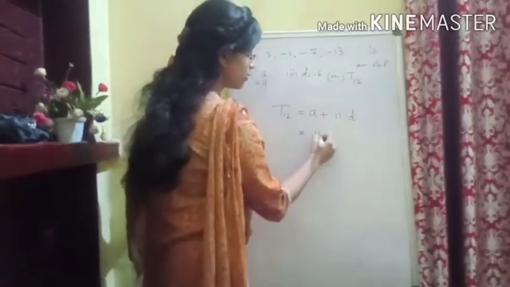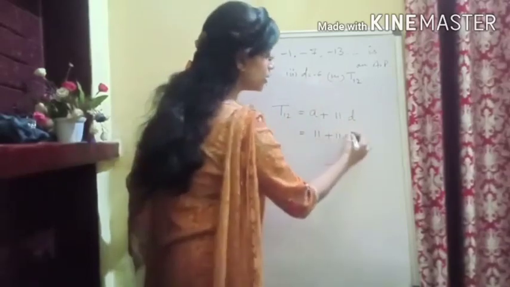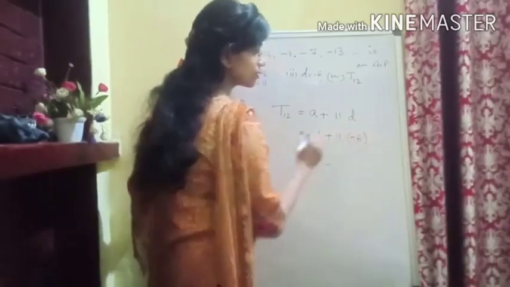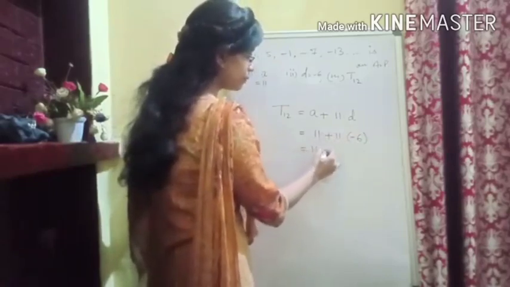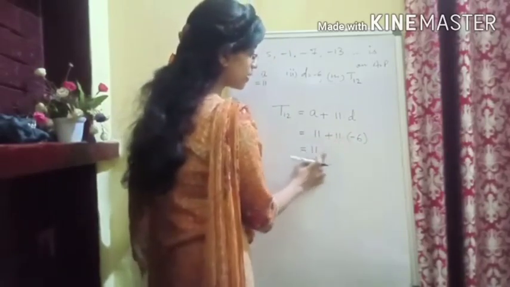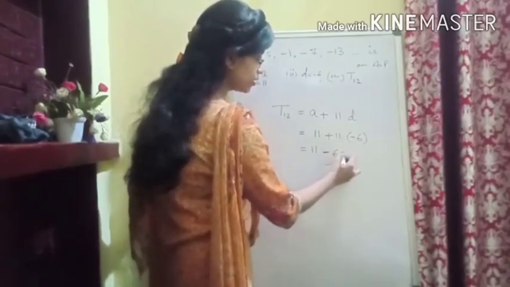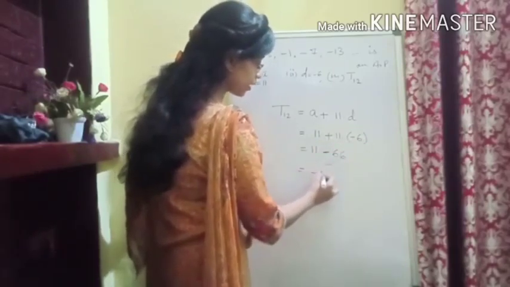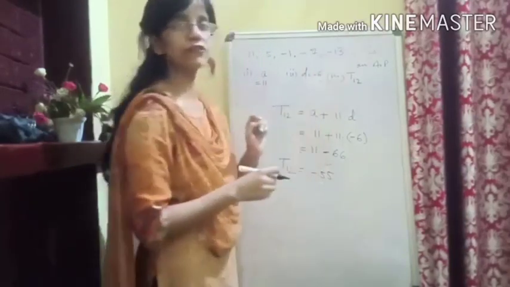It is 11 plus 11 into D. We have calculated D as minus 6. 11 into minus 6. 11 plus, or we can multiply it here, plus minus minus. 11 into 6, that is 66. Now this will give you minus 55. So your 12th term will be minus 55.